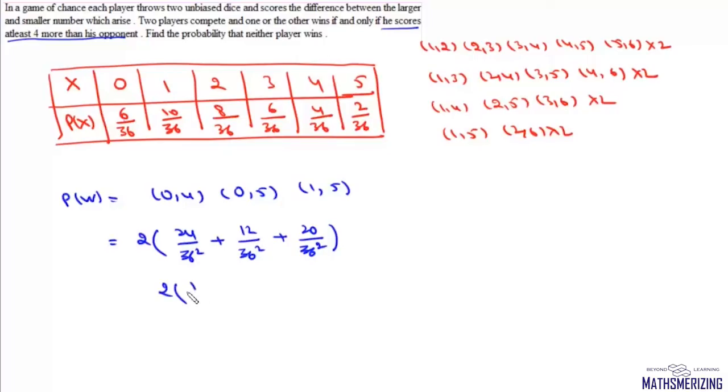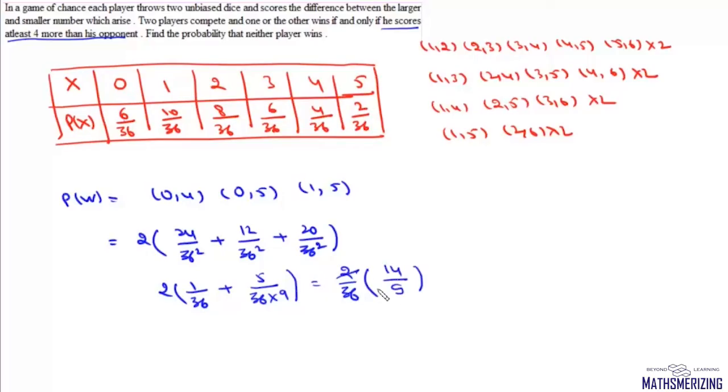So it will be 1 by 36 plus 5 by 36 into 9. So we can write this as 2 by 36, and this is 9 plus 5, 14, 14 by 9.